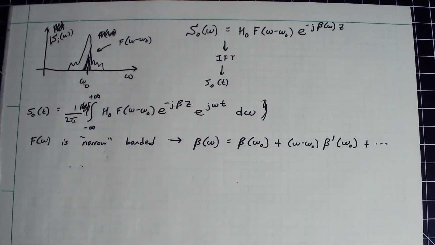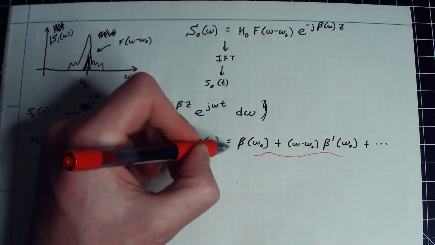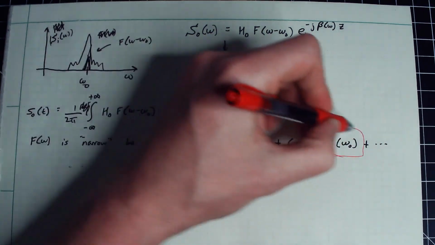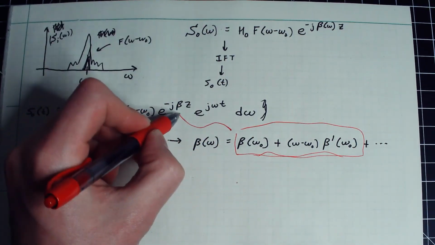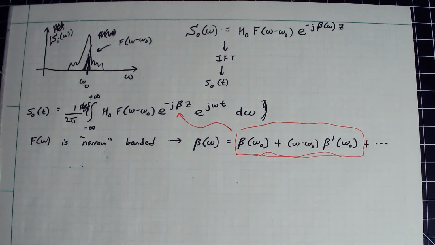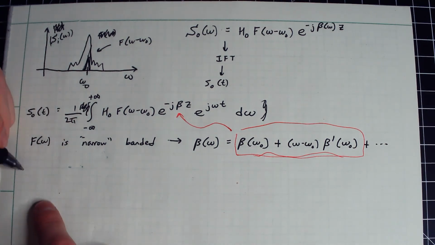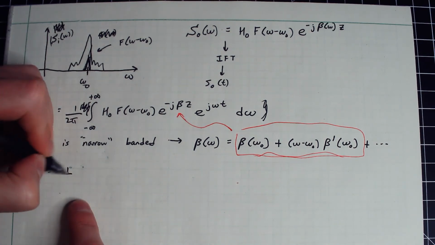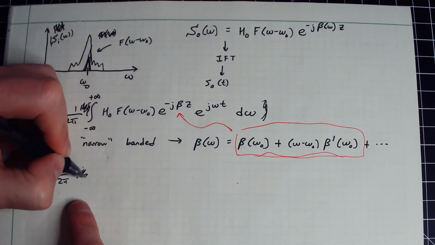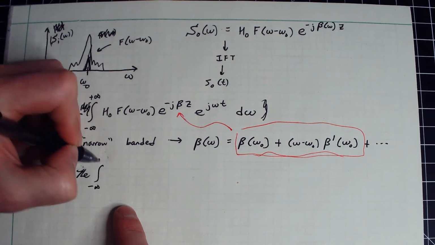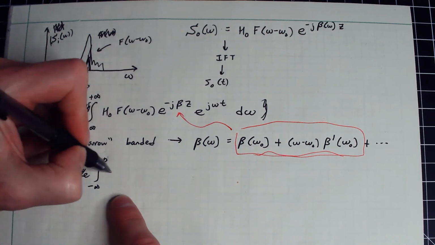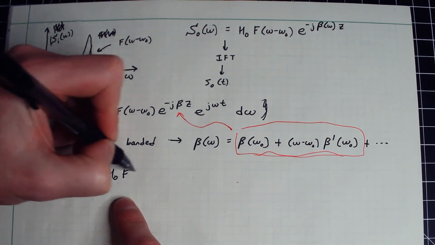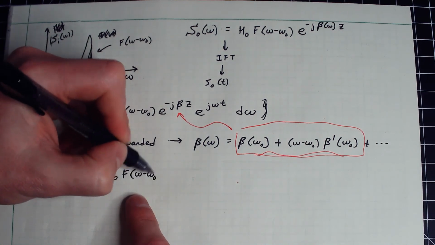And you just then plug all of this stuff right here. That gets plugged in for this beta here. So it's going to be a little ugly, so just bear with me for a few more moments. And we'll get 1 over 2 pi, some little real bit here just for completeness. H naught F of omega minus omega naught.